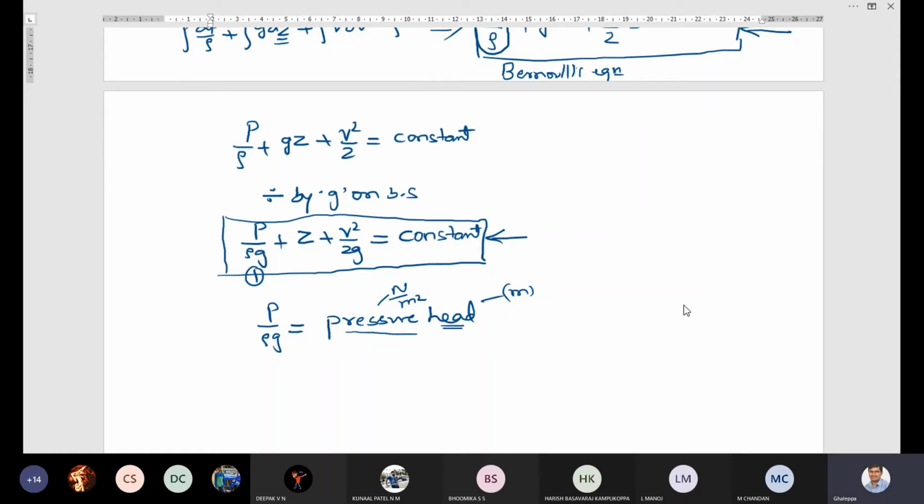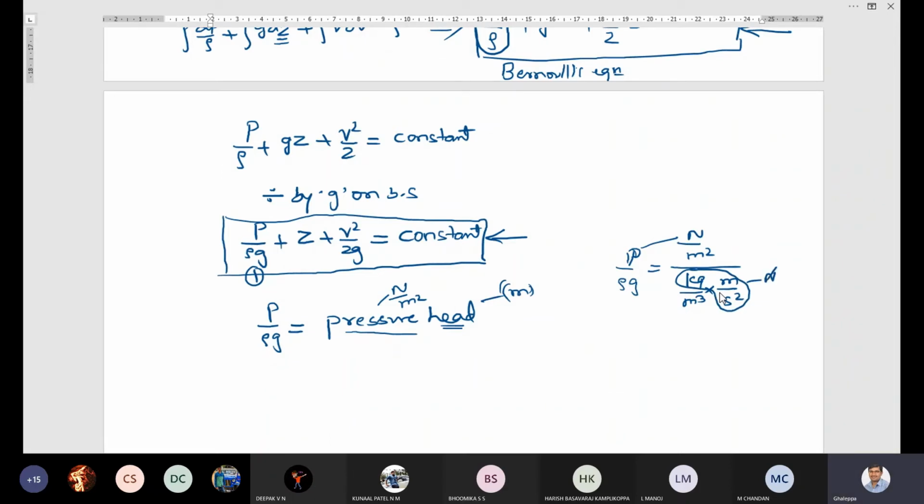For example, you will check what is the unit of pressure head. It should be in meter. So P by rho g. What is the unit of P? Newton per meter square. P is nothing but pressure. What is the unit of rho? Kg per meter cube. And what is the unit of g? Meter per second square. Kg meter per second square is 1 Newton.